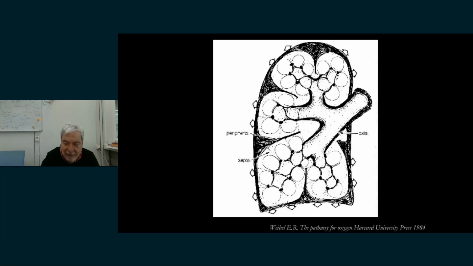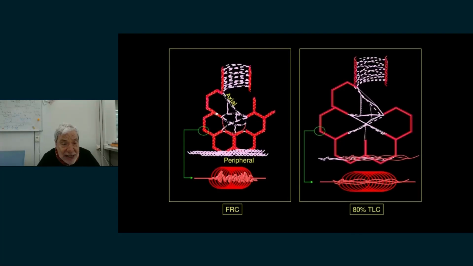Starting from the outside of the lung here, this is the visceral pleura, we have the septa, and everything is connected. So we have a single skeleton. When we distend the lung, all the extracellular matrix distends. Let's conceive the extracellular matrix as something like this.